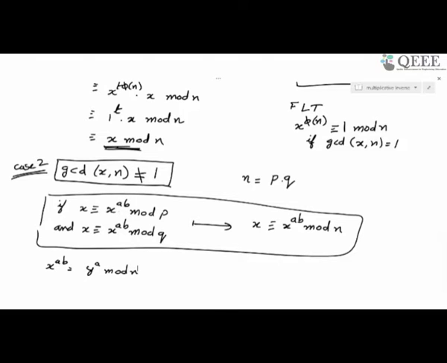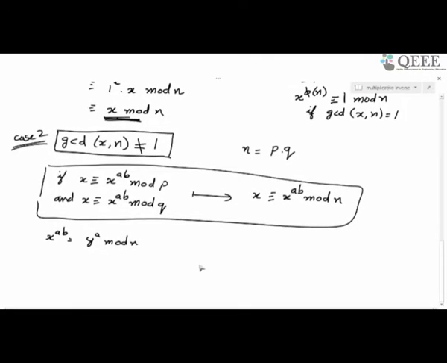Okay, so notice that the GCD of x comma n is not equal to 1, and the factors of n are p and q. Therefore we can state that the GCD of x comma n is equal to p, or the GCD of x comma n is equal to q. Exactly one of these has to be true.